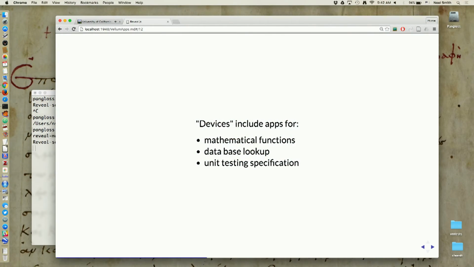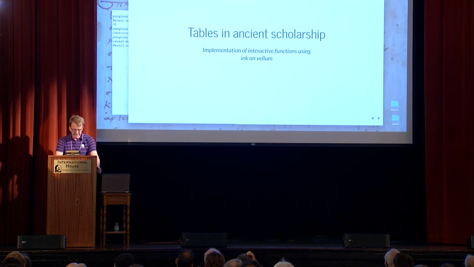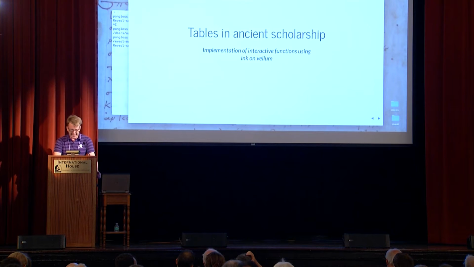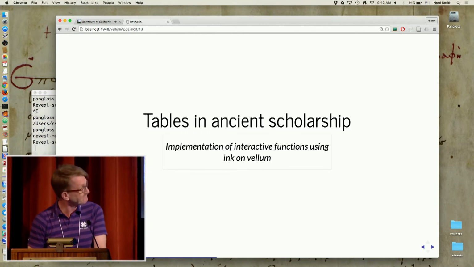So these devices have apps that include functions for cached versions of a mathematical computation, like the chord tables, database lookups, and unit testing specifications. And in general, I'm then arguing that when you see tables in ancient scholarship, think of them as the implementation of interactive functions, but they're implemented using ink on vellum or parchment.